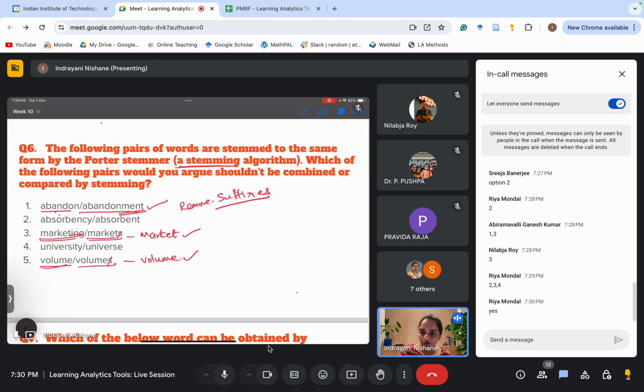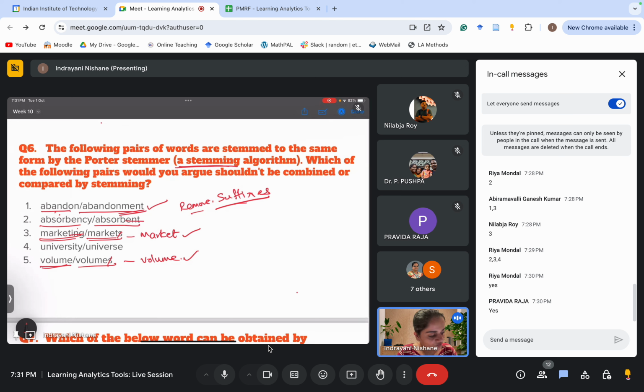Anyone has any doubt here? This is abandon, this is market, and this is volume. Are we there? Okay, great. Now let's check option number 2, absorbency and absorbent. Even though at first look the two words don't seem to be stemmed to the same base word, the rule of stemming is that we remove the suffix, the alphabets at the end of the word.